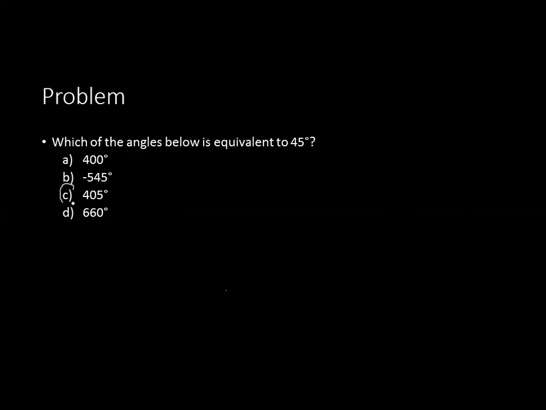How did I know that? Coterminal angles. How would you know? You experiment by adding or subtracting 360 degrees. So 45 degrees minus 360 degrees. What do you think is the answer?